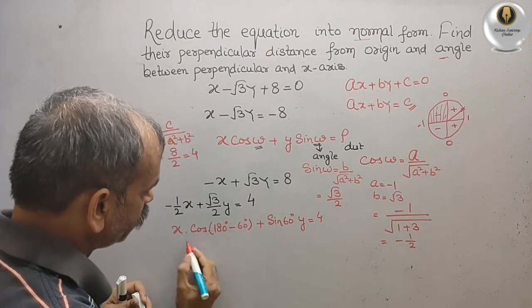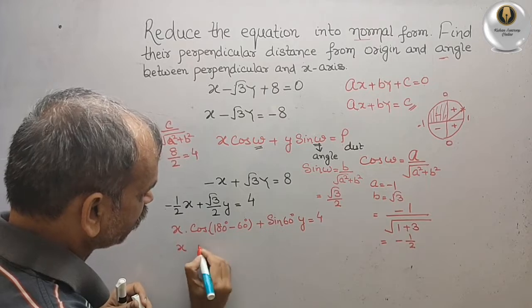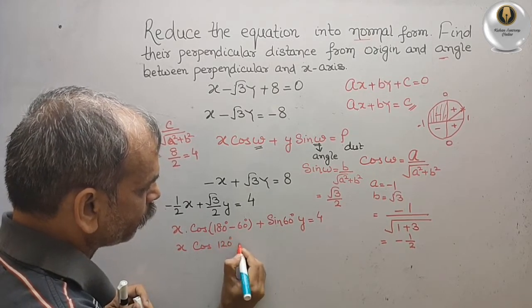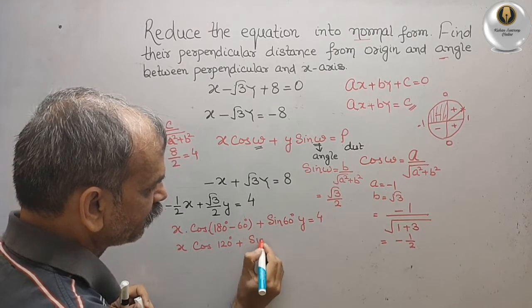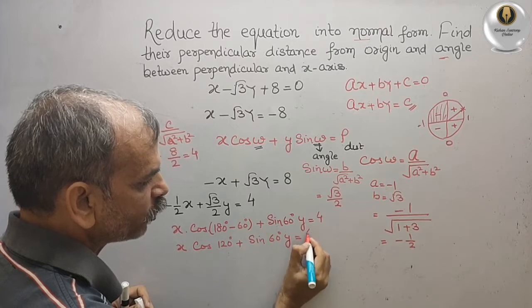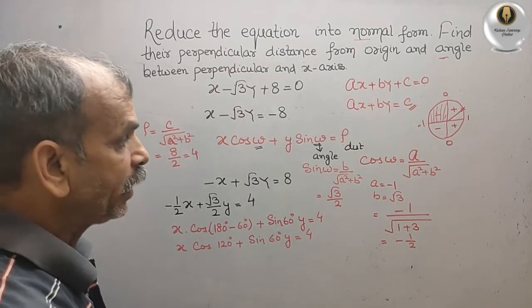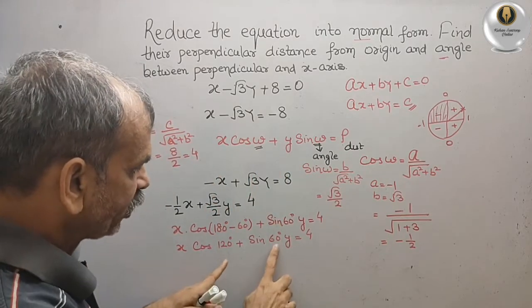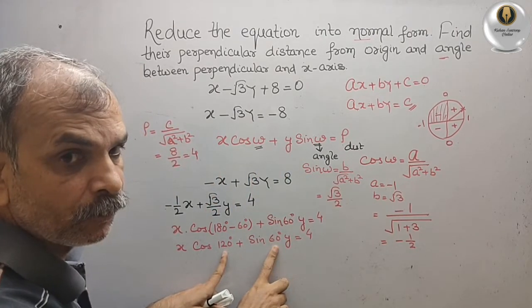Now we have x cos 120 degrees plus sin 60 degrees y equal to 4. The angle should be equal: here it is 60, there it is 120.